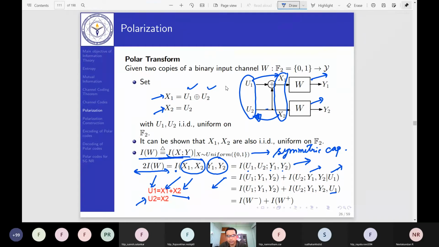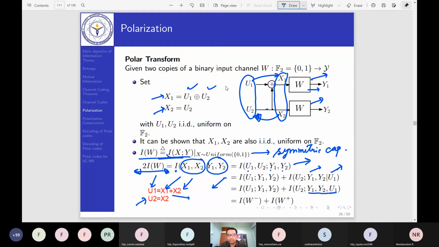So what we have obtained here is the main point to understand the polar code. We have started with two identical copies of W. That means we have started with 2 of I(W), and this 2 of I(W) is broken down into two terms like this: the mutual information between U1 and Y, and the mutual information between U2 and Y1, Y2 and U1.